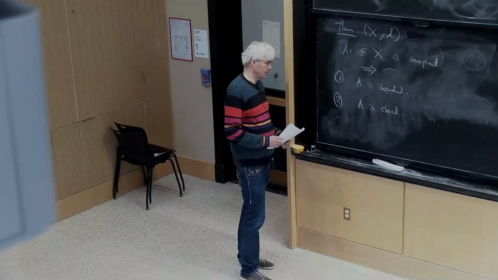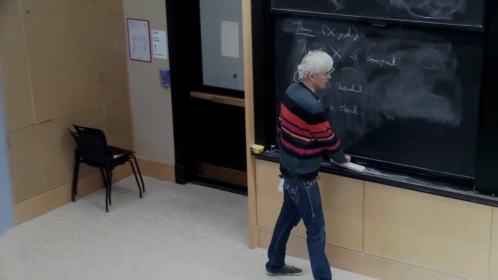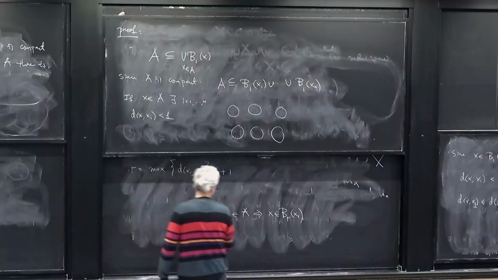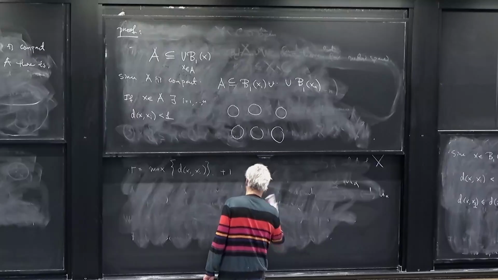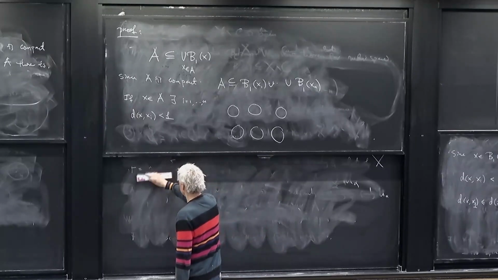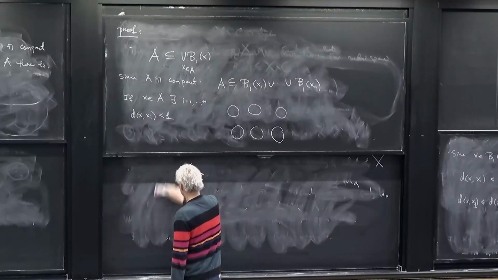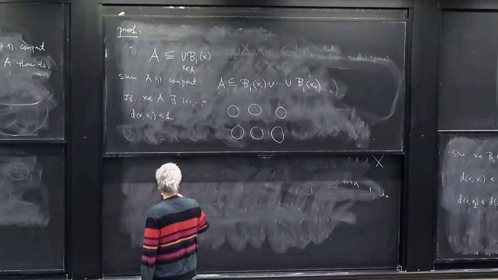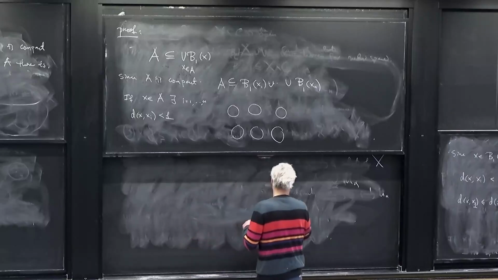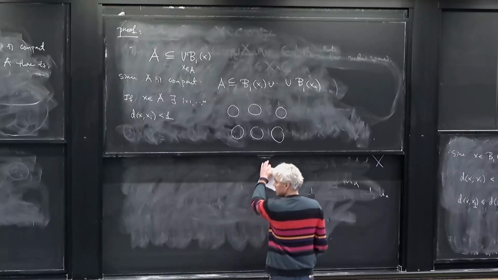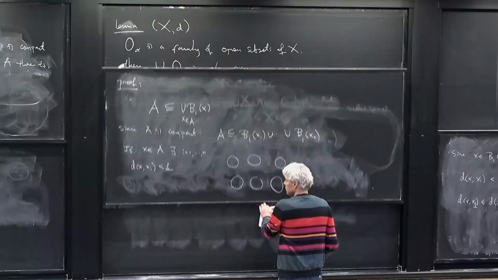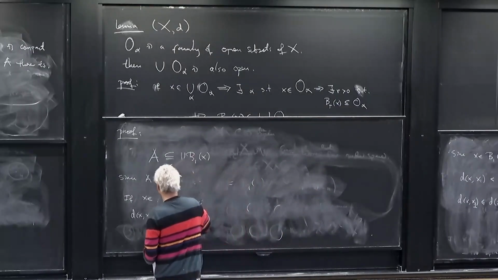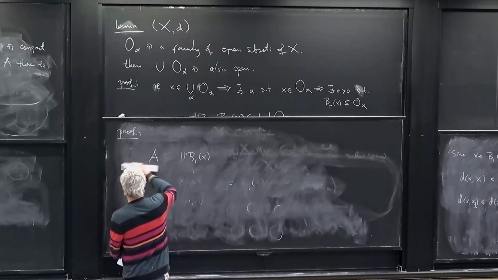What about the second one? Suppose you take a compact subset, is it closed? Now let's use the theorem that we just proved. So we need to prove, okay, so let's prove that this A here is closed.